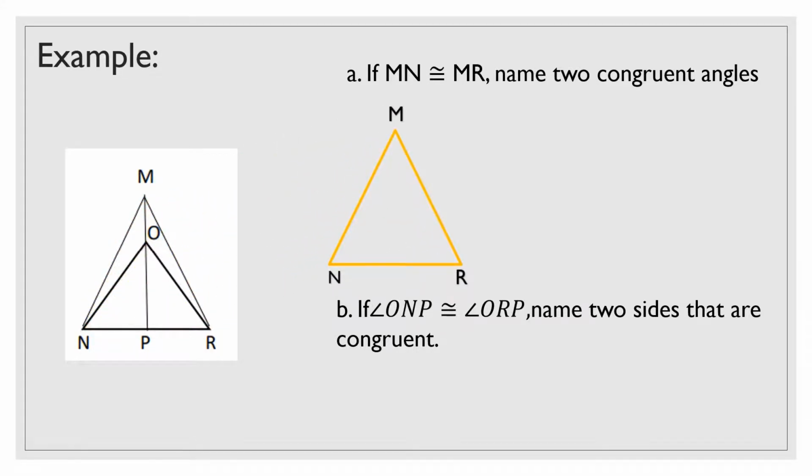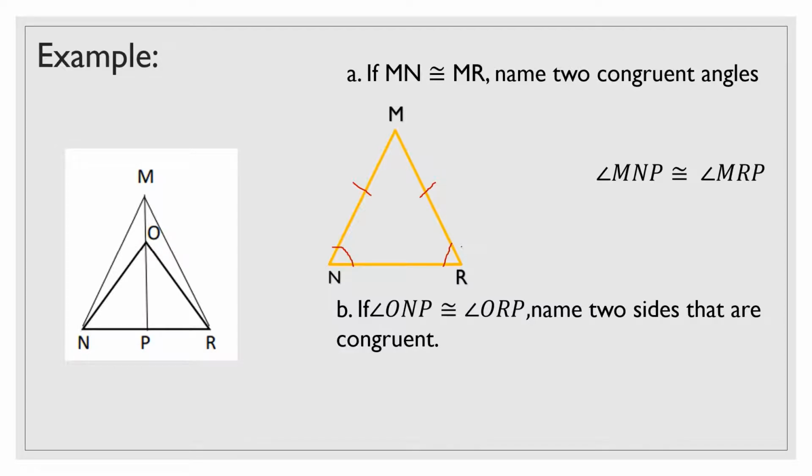Based on the Isosceles Triangle Theorem, the two sides of the triangle are congruent. And of course, on the theorem, opposite these congruent sides are the congruent angles. Okay, kaya the two congruent angles, we have angle MNP is congruent to angle MRP.